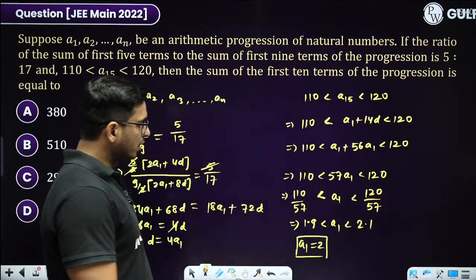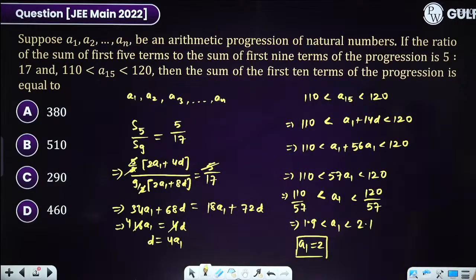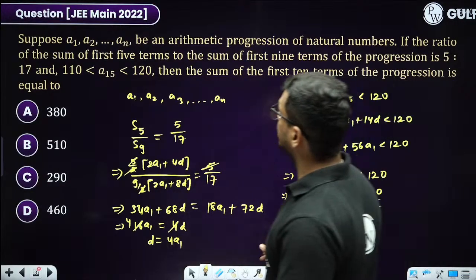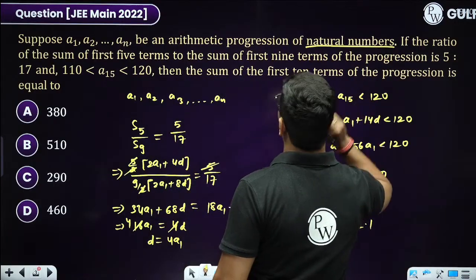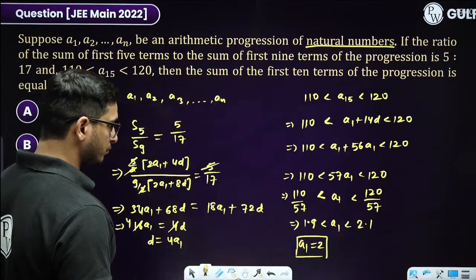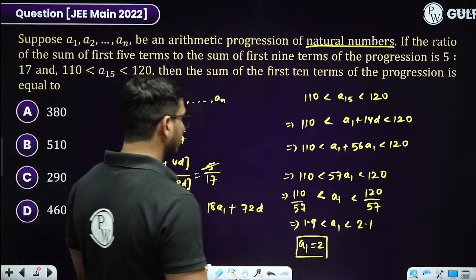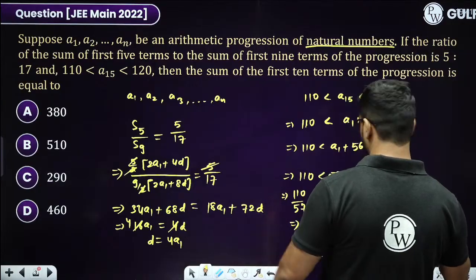Yes, sir. A1 should be 2 in between, because we have to take natural numbers. Right? So A1 should be 2. Correct? So if A1 is 2, tell me about D. So D is 8.